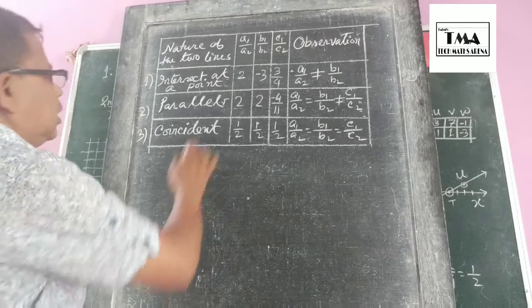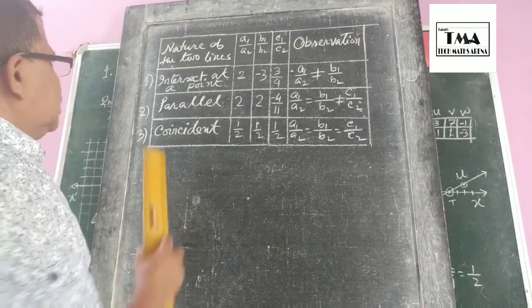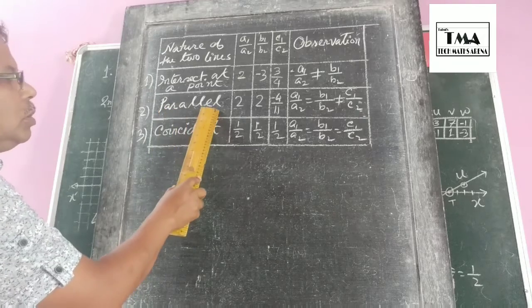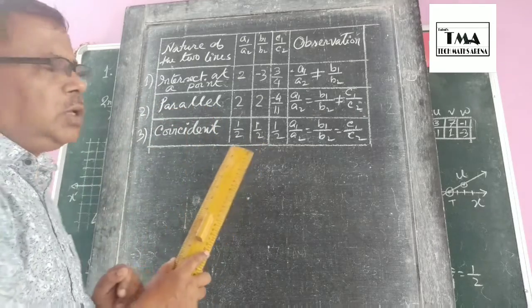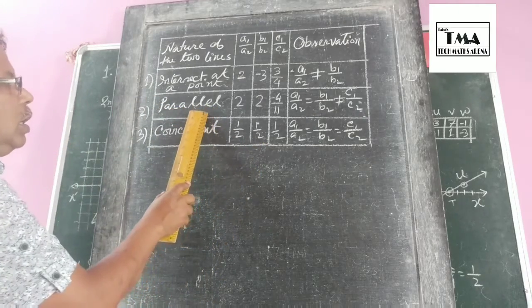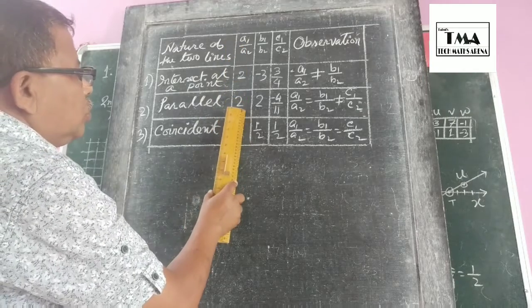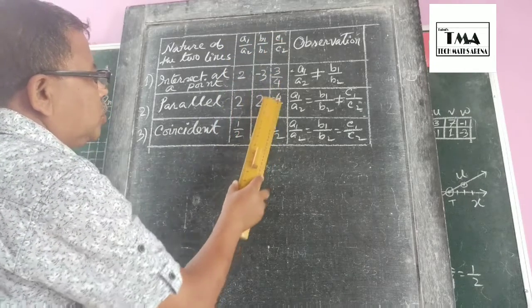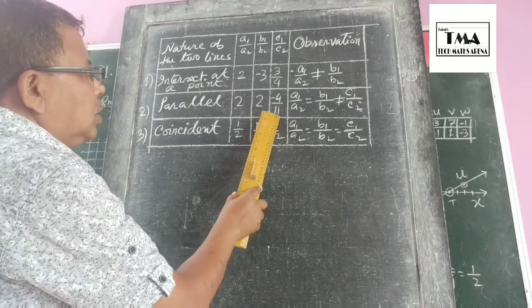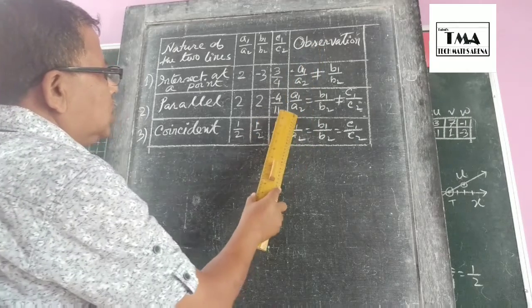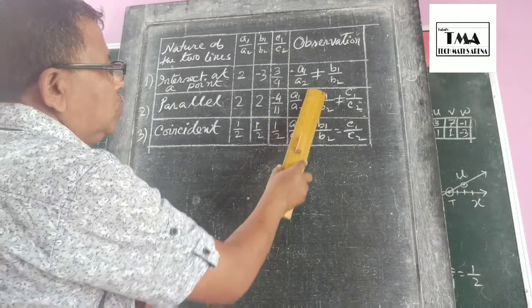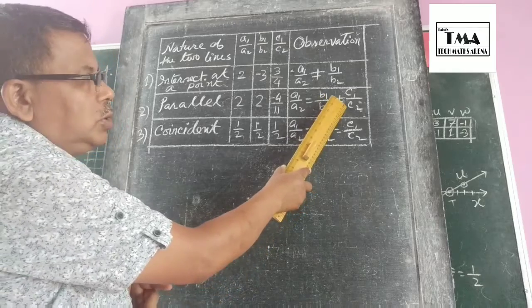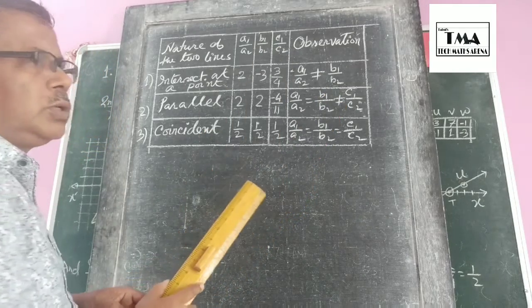Okay, and then the two lines we have got from the second pair of linear equations are parallel, and a1 by a2 we have got there as 2, and b1 by b2 as 2, c1 by c2 as minus 4 by 11. So the observation is what? a1 by a2 is equal to b1 by b2 but not equal to c1 by c2, isn't it?